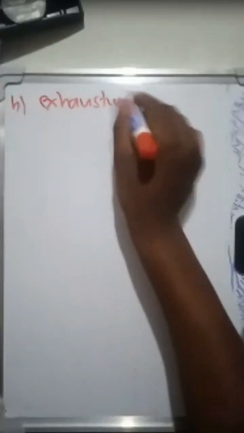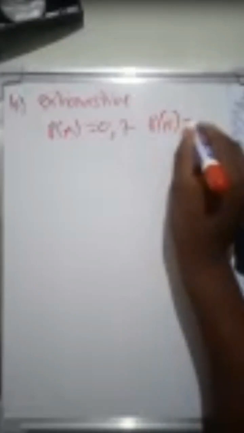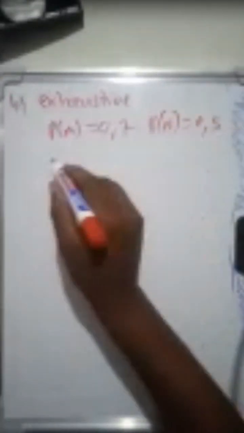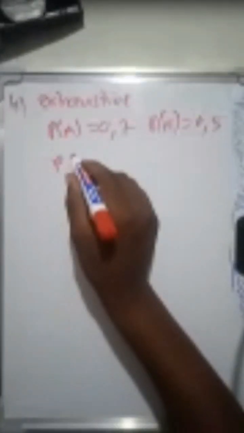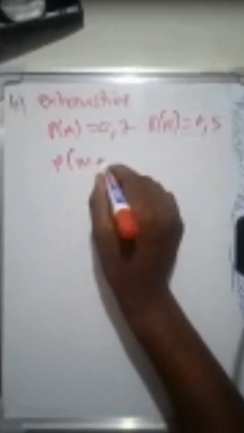Exhaustive events. Right? M and N are such that the probability of M is equal to 0.7, the probability of N is equal to 0.5. Determine probability of M and N.